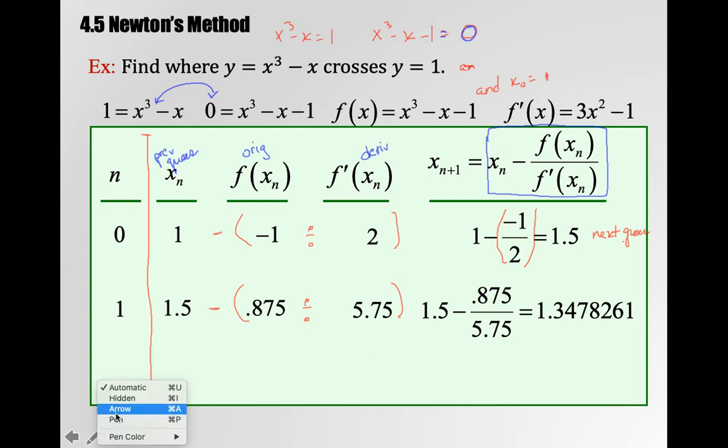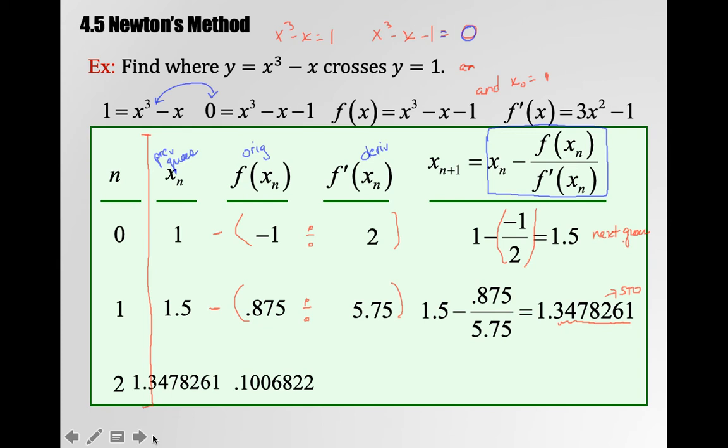And I do carry my decimals while I'm inside the work. Now, I don't actually write them down, but I store them, because with these numbers, you would have a calculator. My next guess is all of that, not approximated, all of it, 1.34782661.